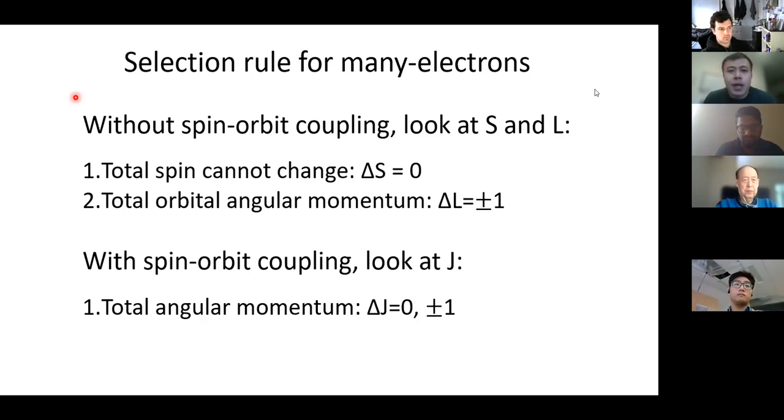But now we understand a more practical situation, which is the many electron system, and we know the many possible states in the system. Then what's the selection rule for many electrons? The answer is that we should look at the total spin, the total orbital angular momentum, and the total angular momentum.